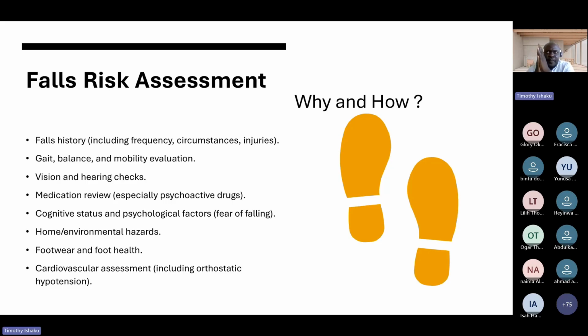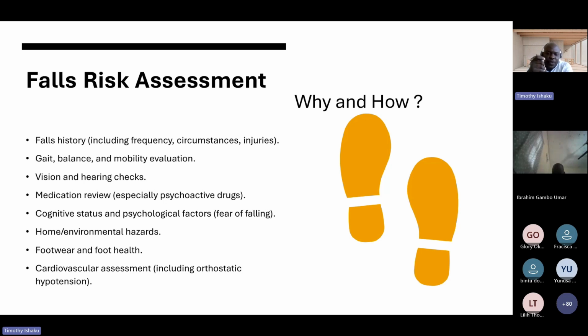Using our SOAP note, looking at the subjective assessment, when you are doing your subjective component, you want to establish a picture of how the fall itself happened, talking about the frequency, the circumstances where it happens, the injuries as a result of the fall. So you want to paint a picture of the fall history.